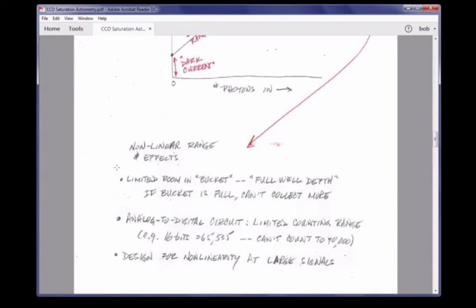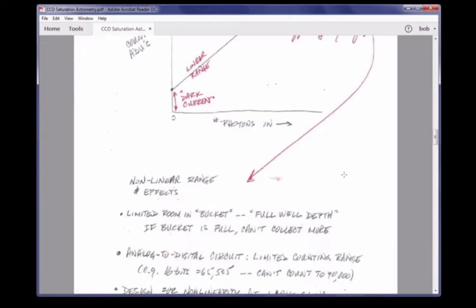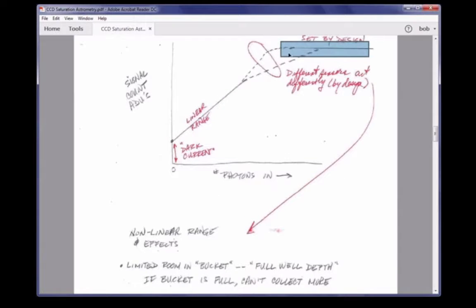There just isn't room for very many electrons in there. So if the bucket is full, and that's called the full well depth of the pixel, usually described in electrons. You might hear a camera described as having a full well depth of 100,000 electrons. Once you've got 100,000 electrons in there, that bucket is full. If I throw another electron in, well, some other electron will bounce out to make room for it, and so the total in the bucket never changes. So that's one reason that this curve flatlines.